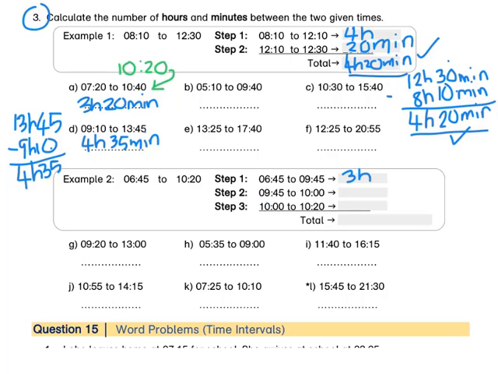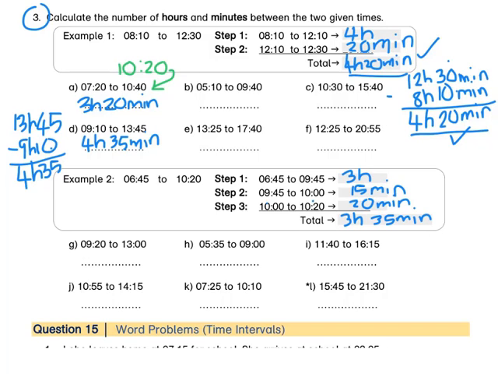Then from 9:45 to 10 o'clock is 15 minutes. And from 10 o'clock to 10:20 is 20 minutes. So in total, we have 3 hours and 35 minutes.